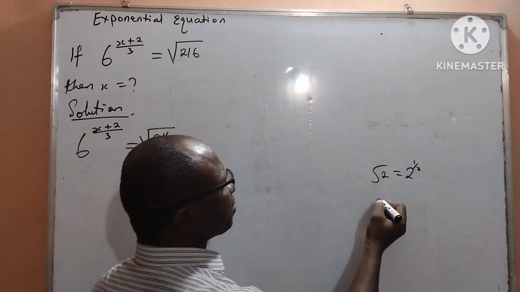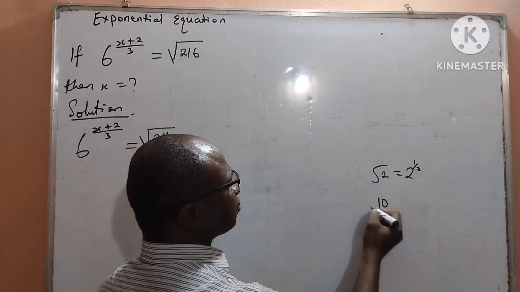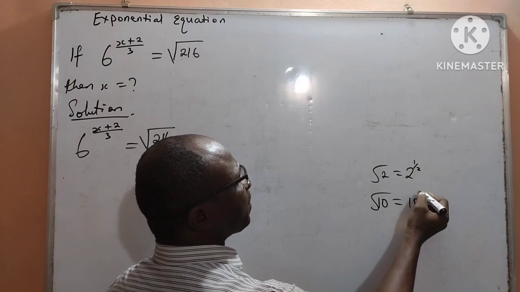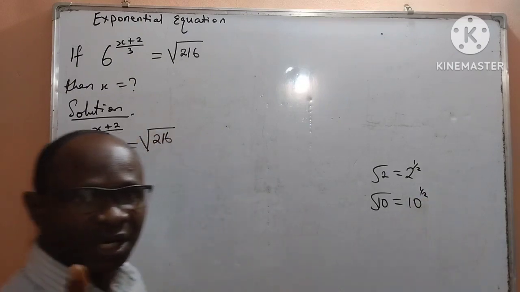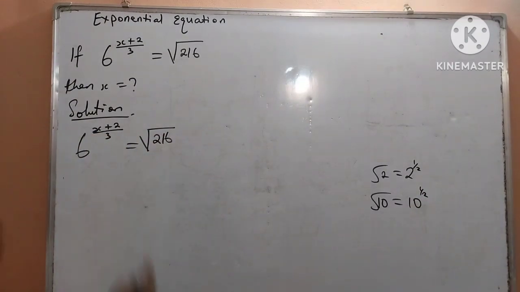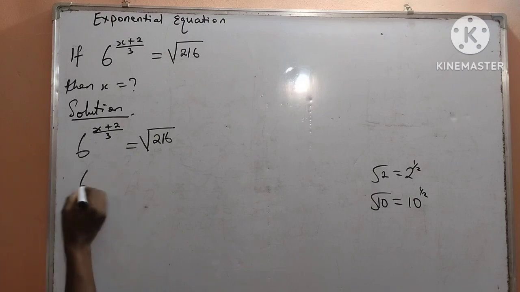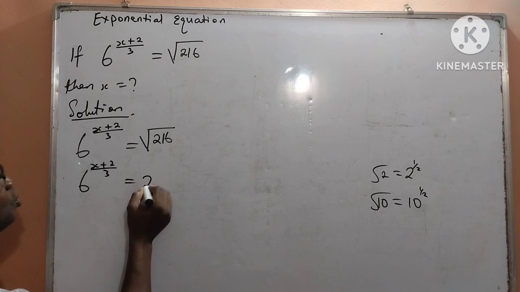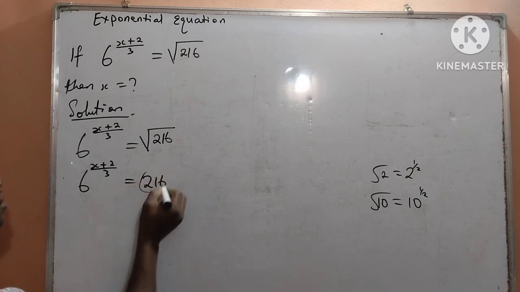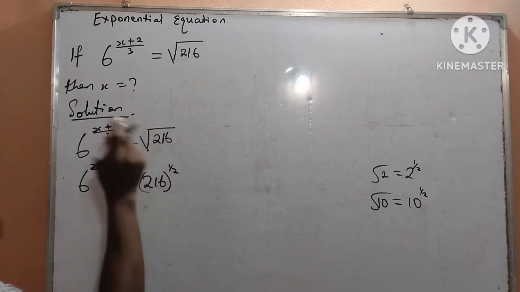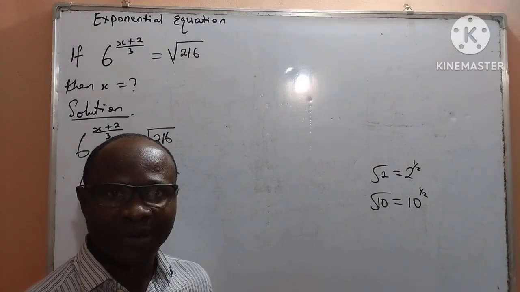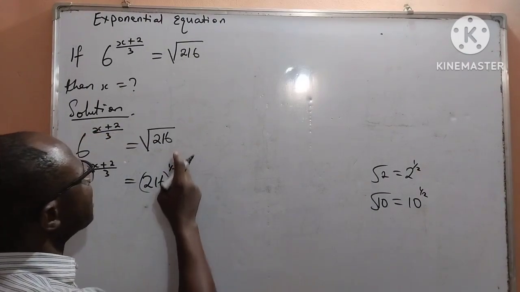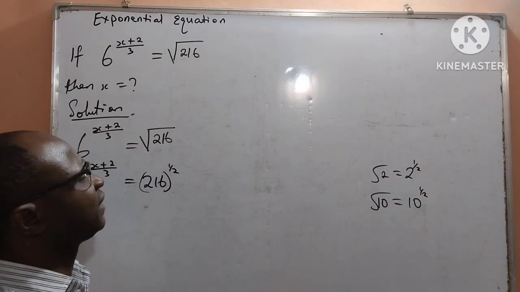If I give you the square root of 10, it means 10 raised to power 1 over 2. It means therefore that from the right hand side, what I will have is 6 raised to power (x plus 2) all over 3 equal to 216 all raised to power 1 over 2. Therefore, I have addressed the square root sign and I have put it as power 1 over 2.